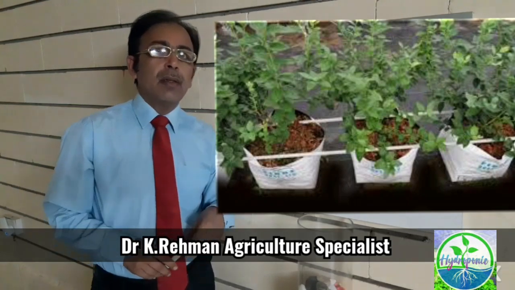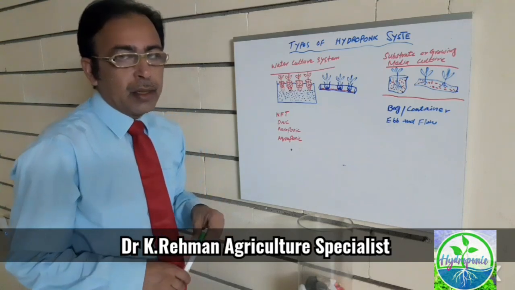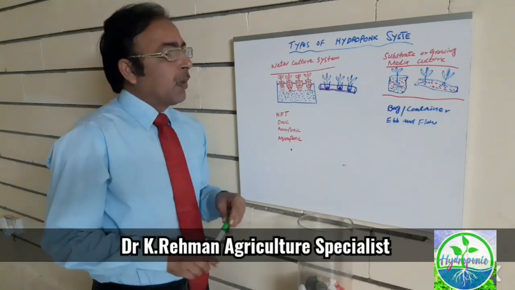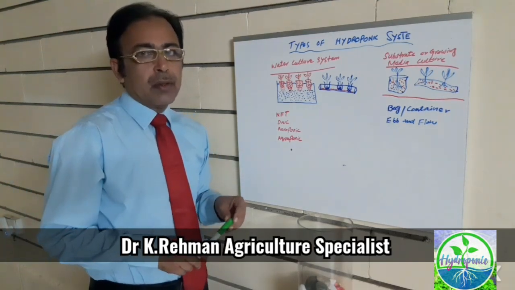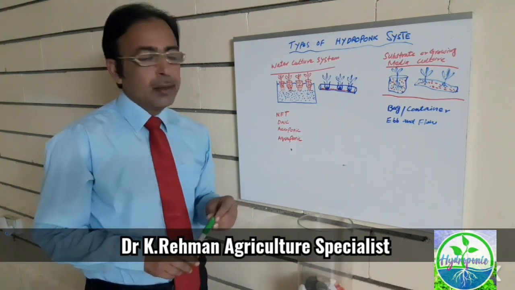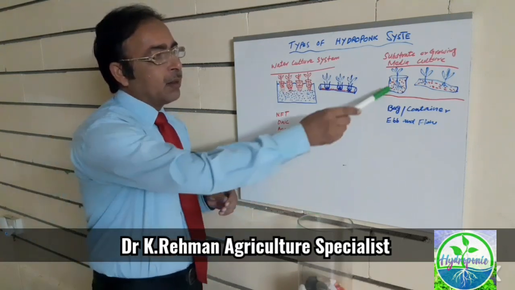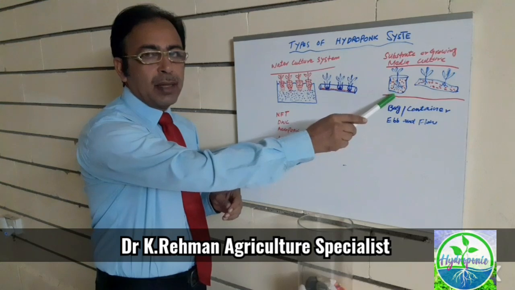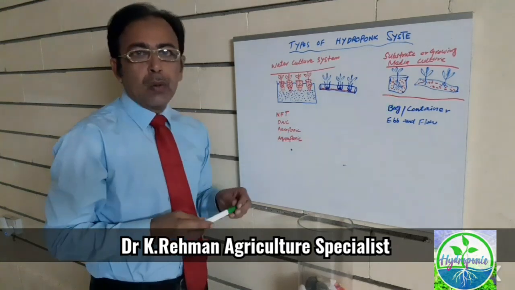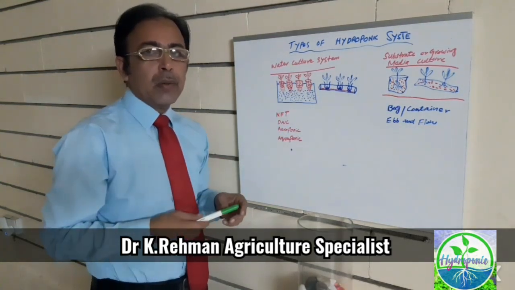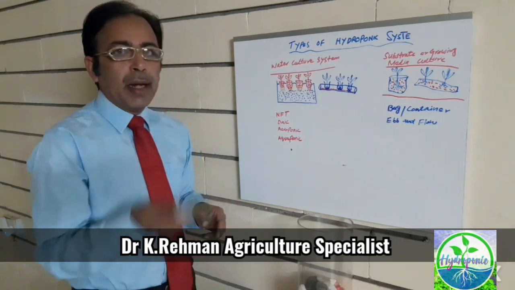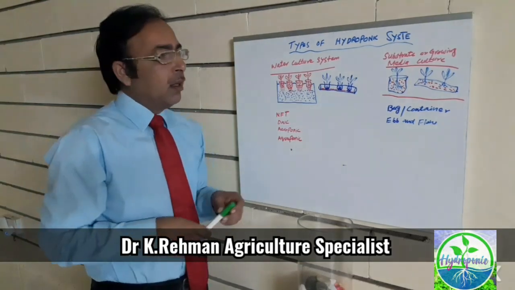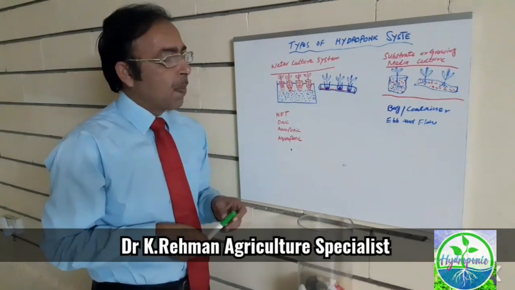This irrigation system is activated with a timer, automated. The excess water drains out, is collected in the nutrient solution and again circulated in the system.